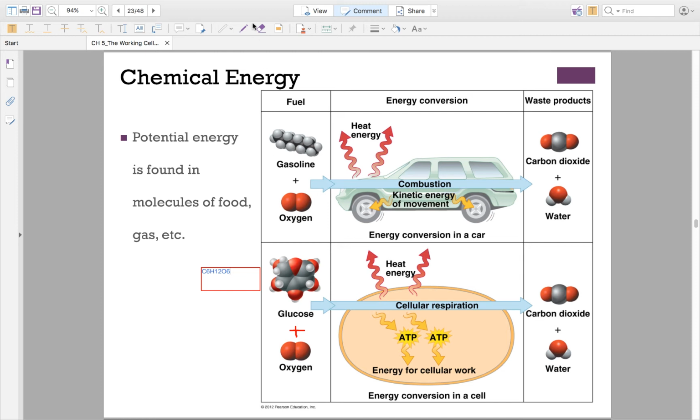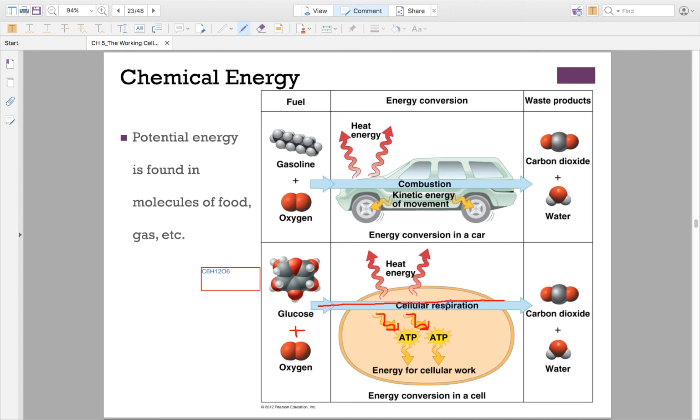All right, so now glucose is brought into a cell, and it's going to be broken down through cellular respiration to produce ATP. It's transferred from that chemical energy to cellular energy, and ATP is used to do cellular work.